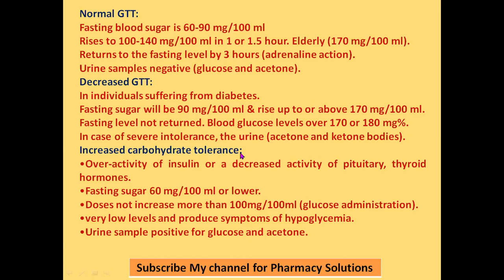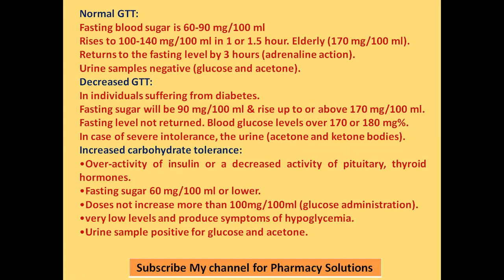Increased carbohydrate tolerance is seen in hypoglycemic conditions, due to overactivity of insulin. Increased glucose tolerance is due to overactivity of insulin or decreased activity of counter hormones. Normally, insulin brings down the glucose level, and the counter hormones increase the glucose level in the blood.